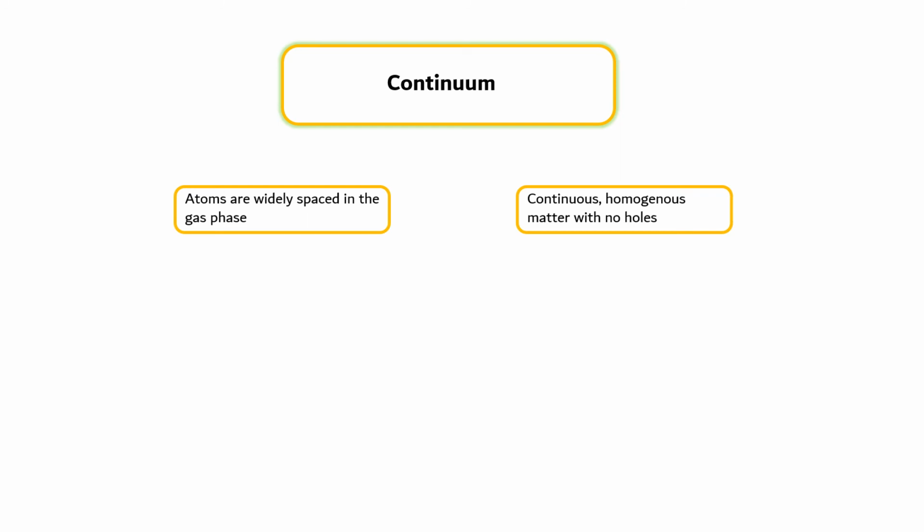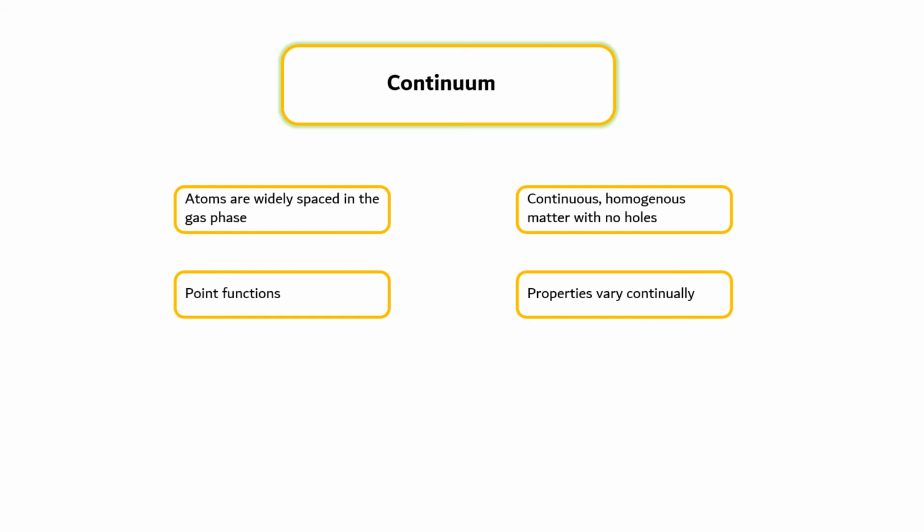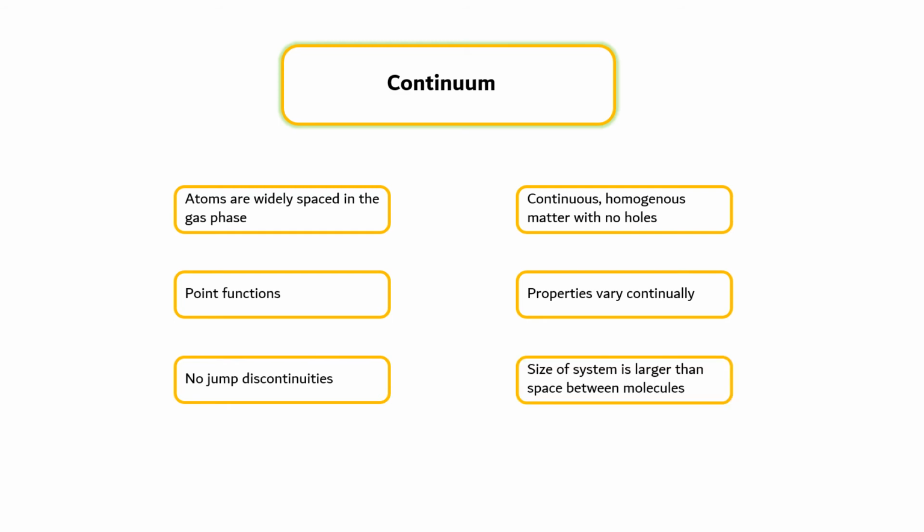The continuum idealization allows us to treat properties as point functions and to assume the properties vary continually in space with no jump discontinuities. This idealization is valid as long as the size of the system we deal with is very large relative to the space between the molecules. The continuum idealization is implicit in many engineering problems, such as the density of water in a glass is the same at any point.